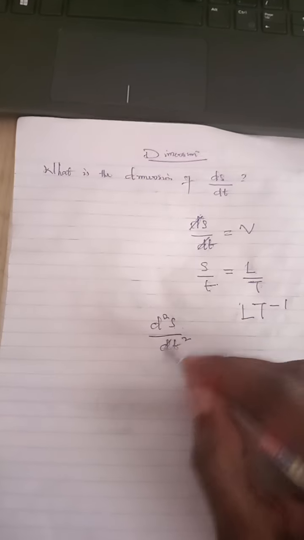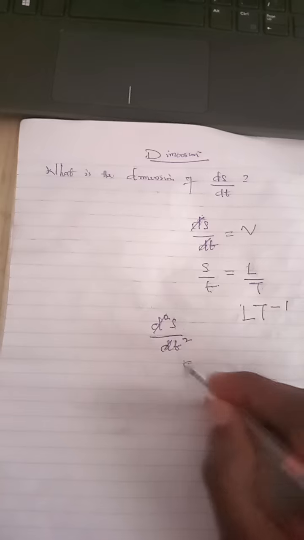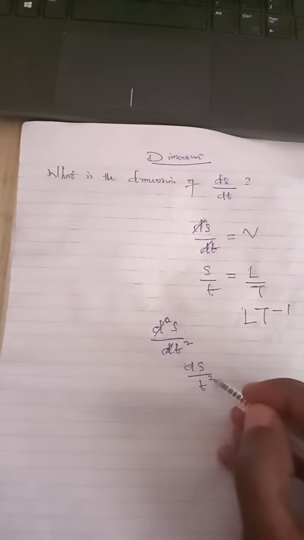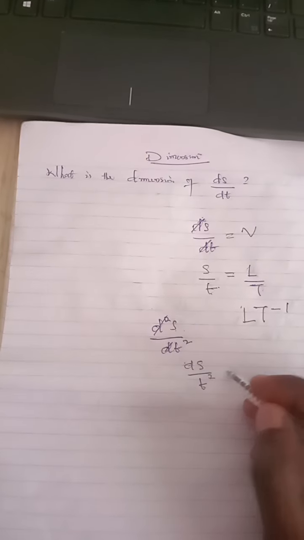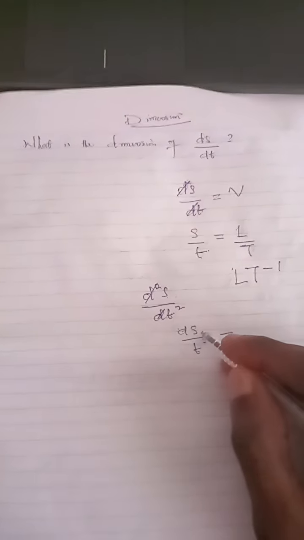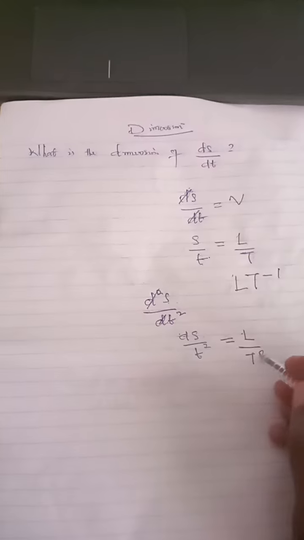The d we have here, we eliminate one d, right? Remaining d, right? x over t squared. Now, what is x? The dimension of x, that is the distance. The x here is L and t is what? T raised to minus 2.